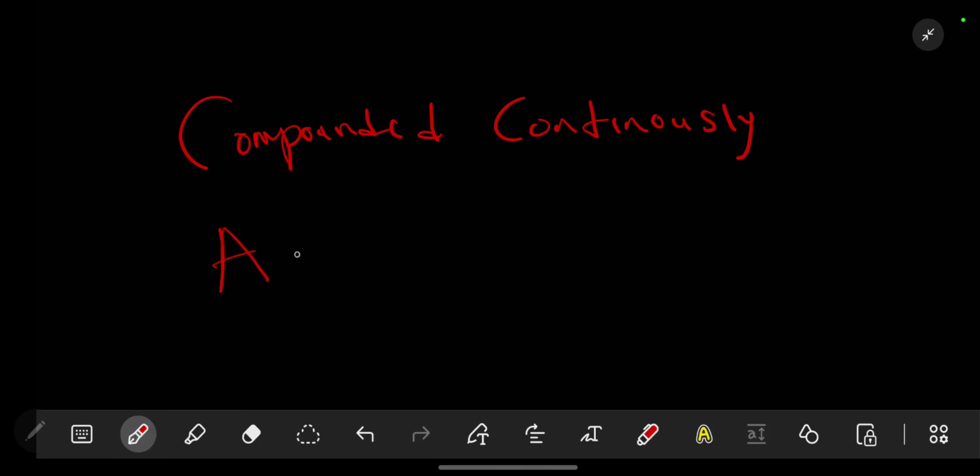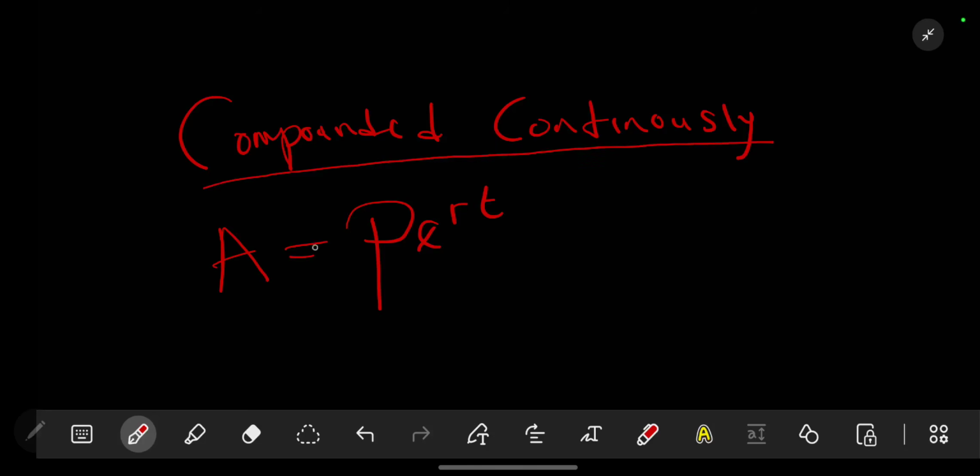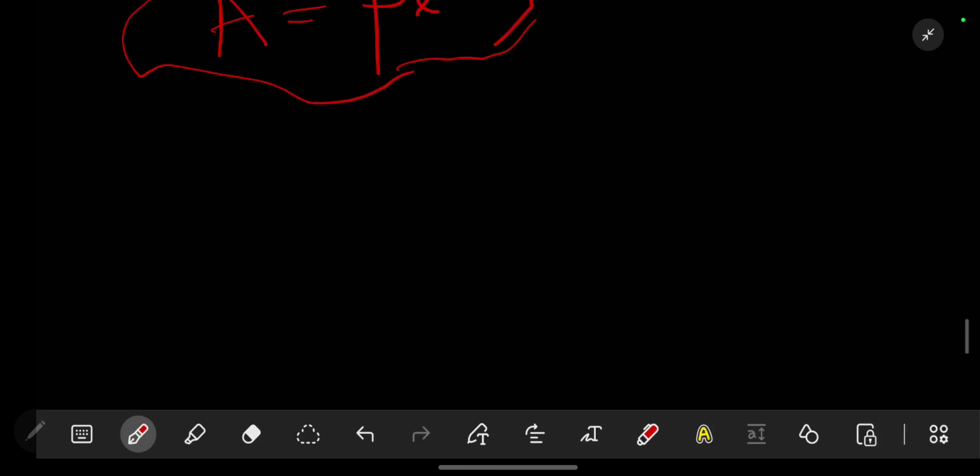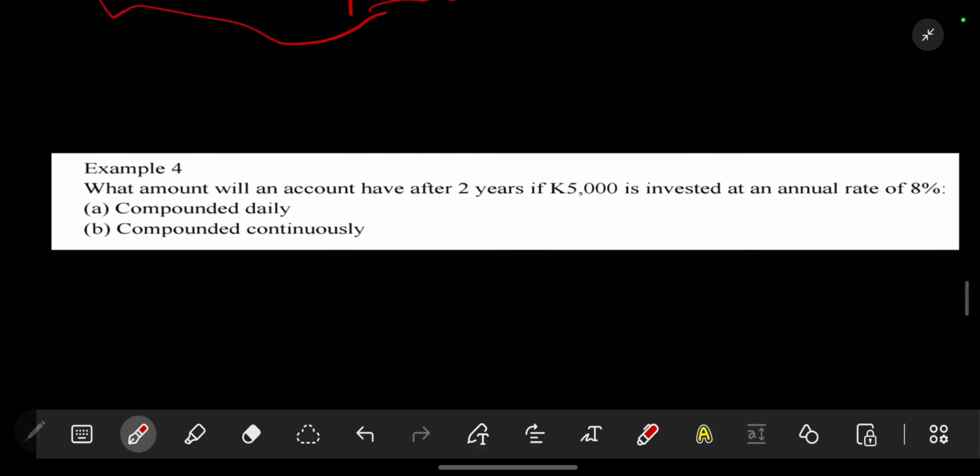So for this one we use A equals P e to the R T. If it is being compounded continuously, this is what we are going to be using. We are not going to derive how this formula comes about, but we are just going to go direct.